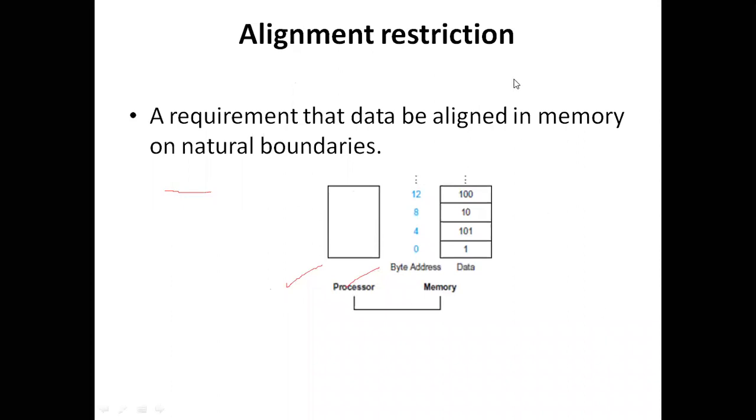So the next one is alignment restriction. We know very well. Here we have the 32-bit register. So we can say processor is the 32-bit processor. So if you want to represent the 32-bit processor in bytes means 4 bytes. So we can say the first location of the processor will be 0, the second location will be 4, and third location will be 8. We can see the differences. So what it means? The storage location will be a multiples of 4.